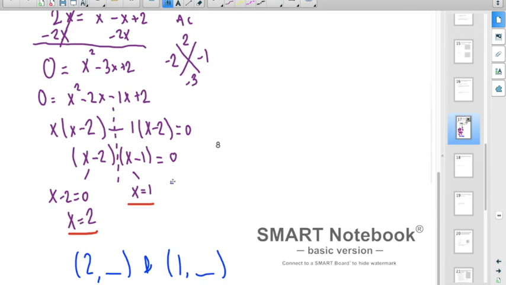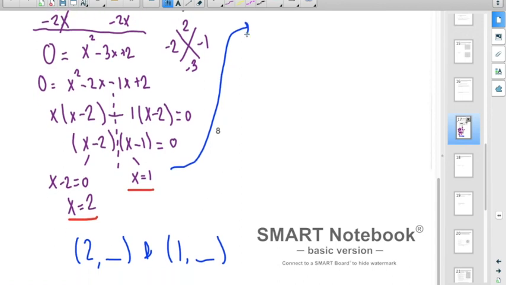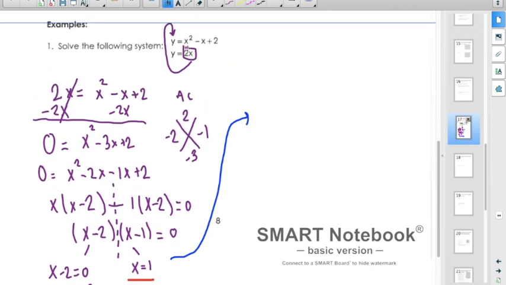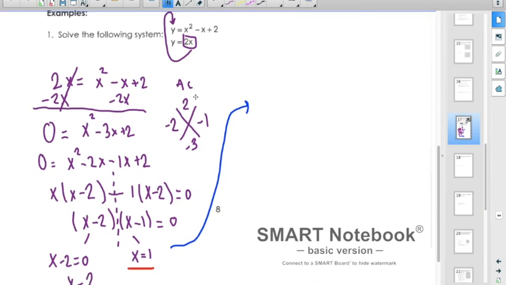And the way I do that is I'm going to bring this all the way over here. I have x equals 2 and x equals 1. I'm going to take those two x values, x equals 2 and x equals 1, and substitute them into my linear equation right here to solve for my y value.